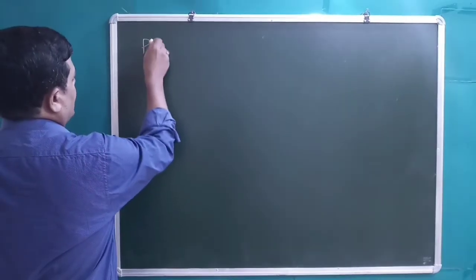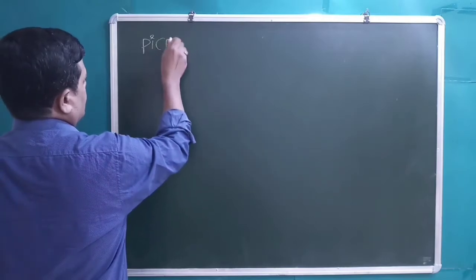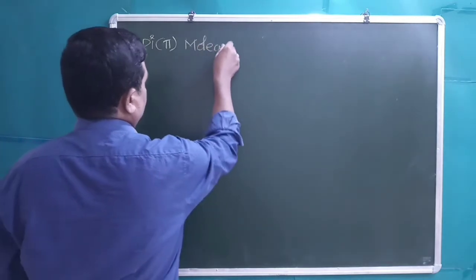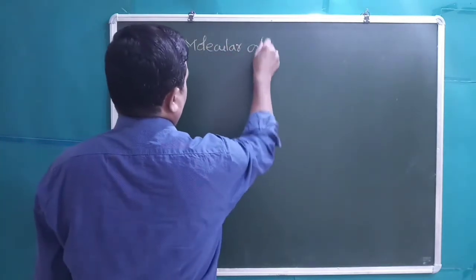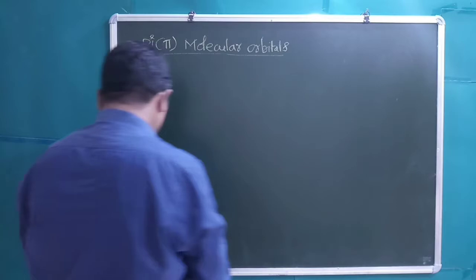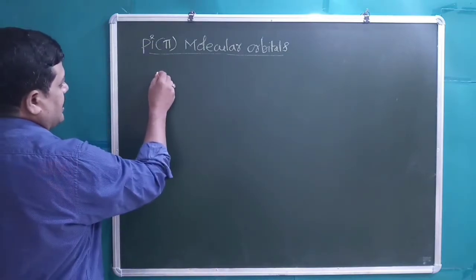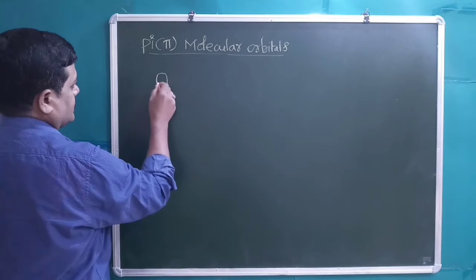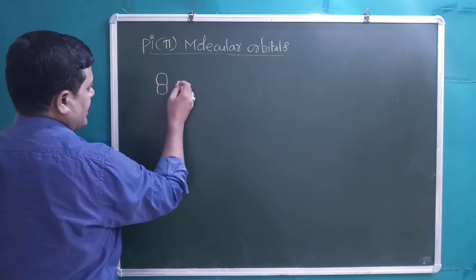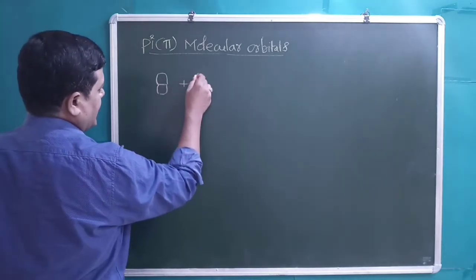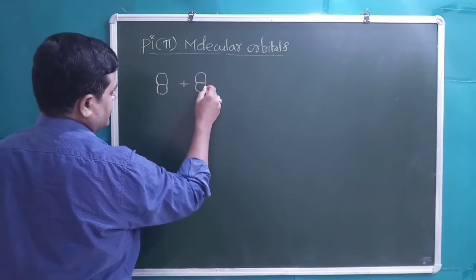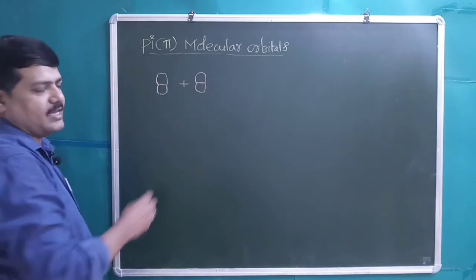The 2px orbital of one atom is overlapping with the 2px orbital of another atom.